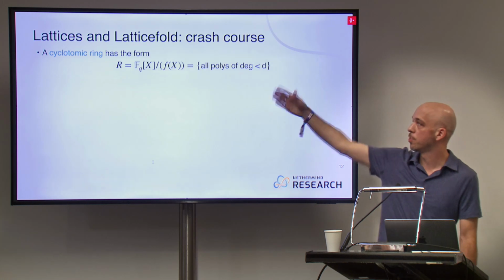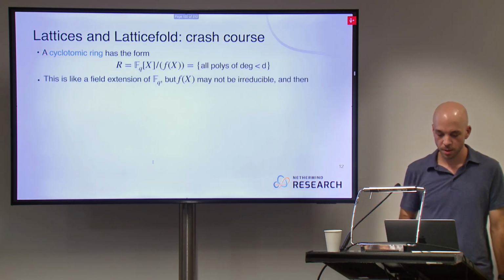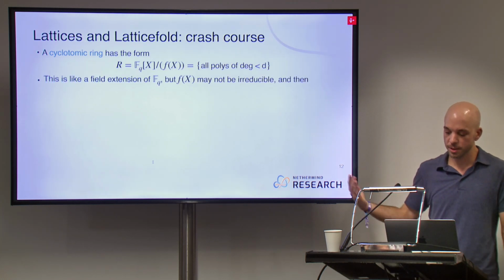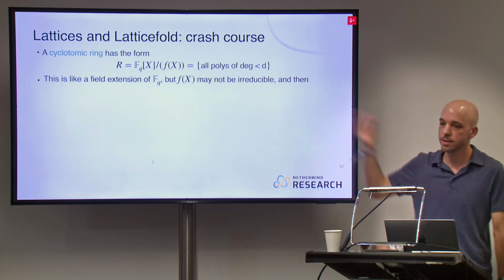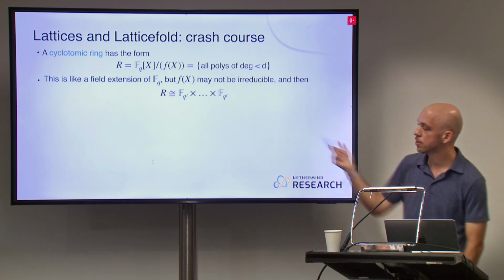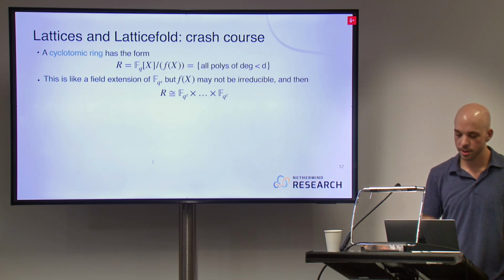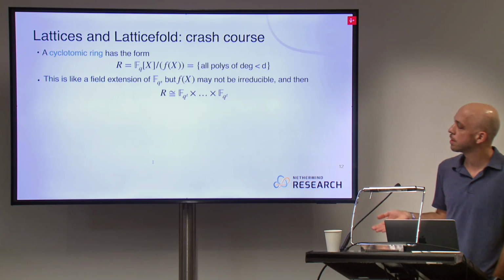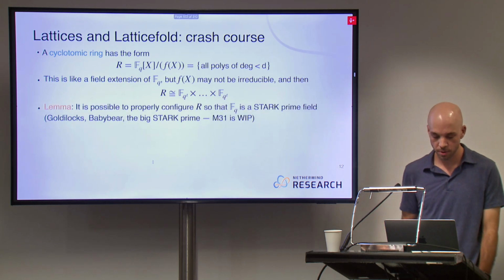This is the set of all polynomials of some degree. And if f(x) is irreducible, then this is just a field extension. Otherwise, this ring is a direct product of field extensions. So a cyclotomic ring, you can think of it as a direct product of field extensions.